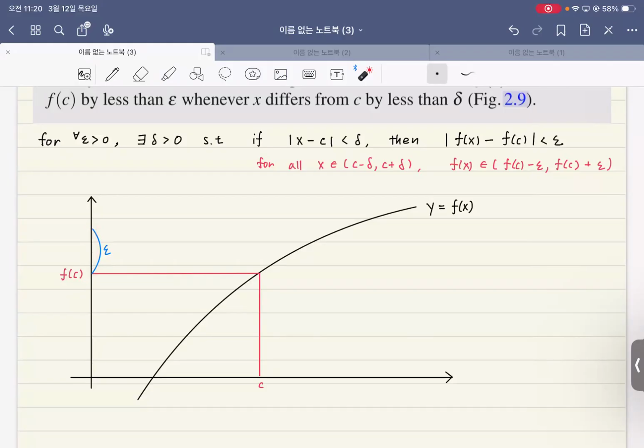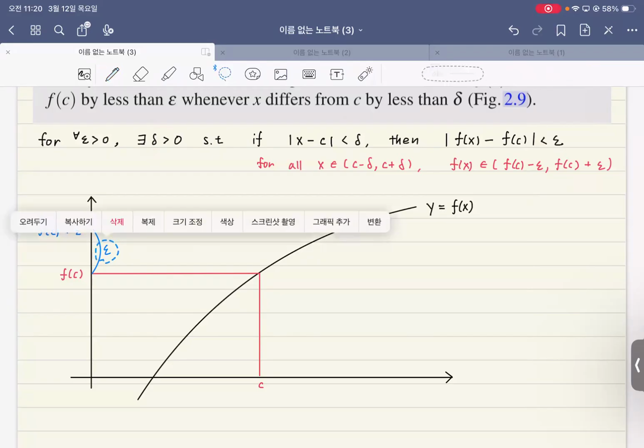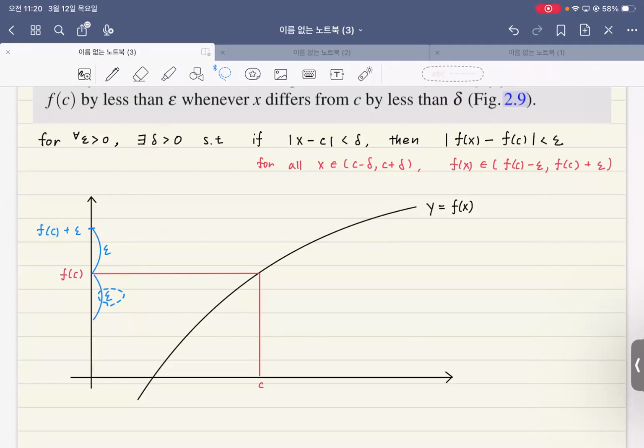And I will make sure that for this epsilon, I can find such a delta satisfying this condition. Okay, since this is my epsilon, this is f of c plus epsilon, and this is going to be f of c minus epsilon.